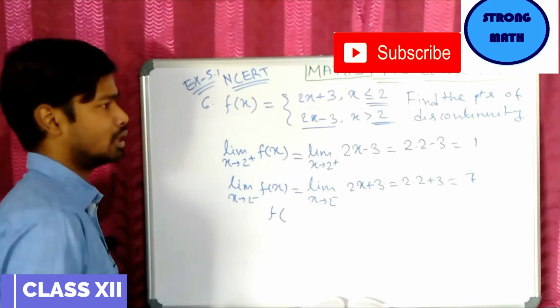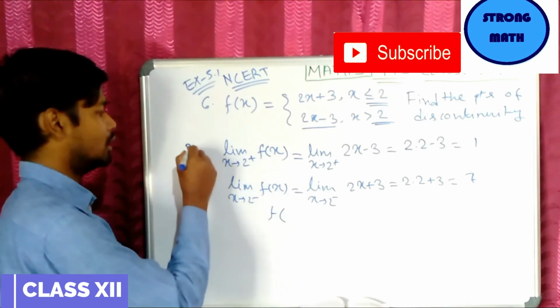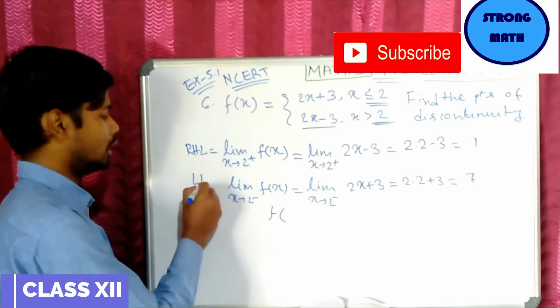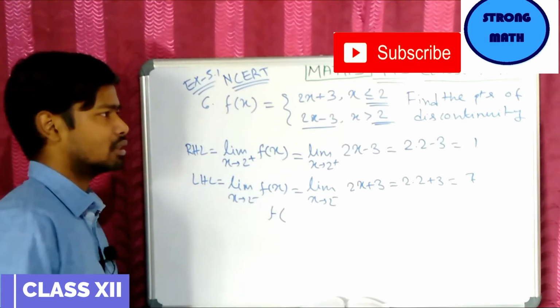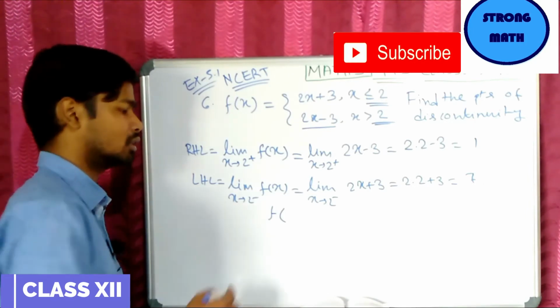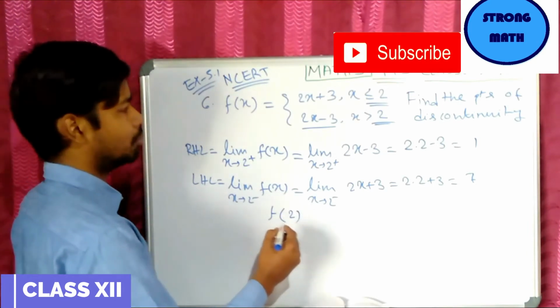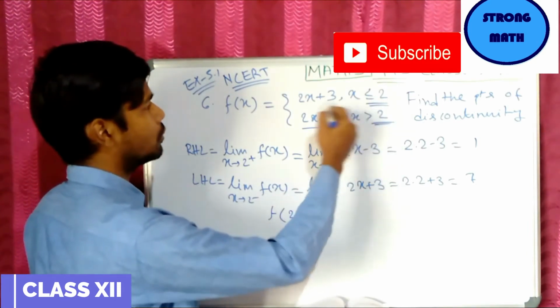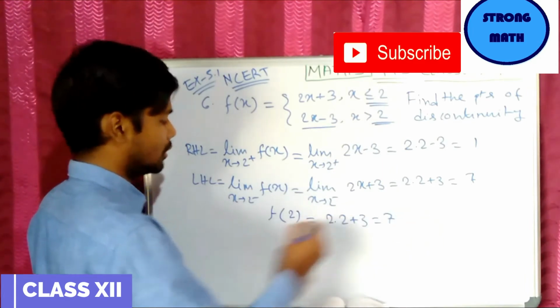No need to find the function value, as we can see that the right hand limit and the left hand limit are not equal, hence the limit does not exist, thus the function is not continuous. If you want to find the functional value at that point, then f of 2 gives us 2 into 2 plus 3 equals 7.